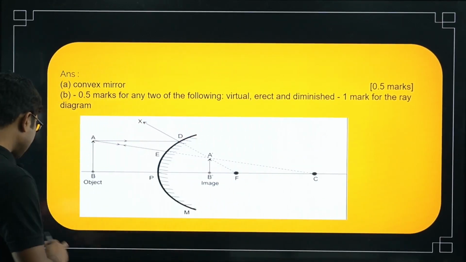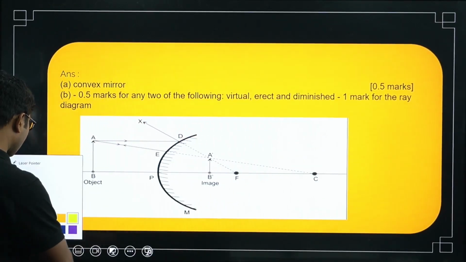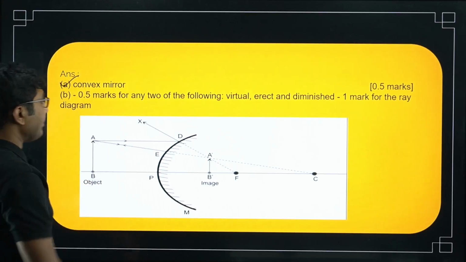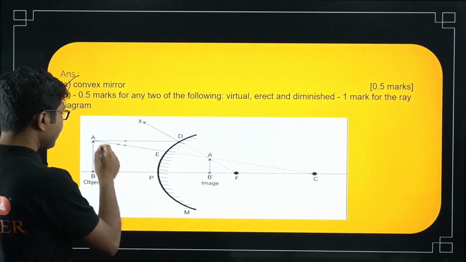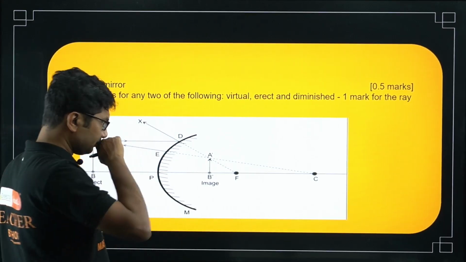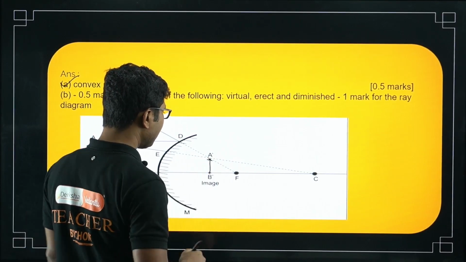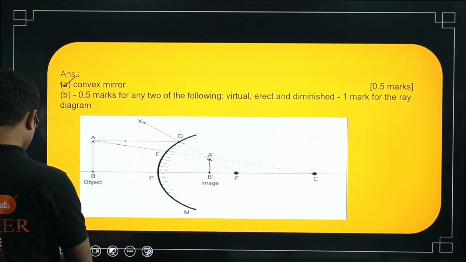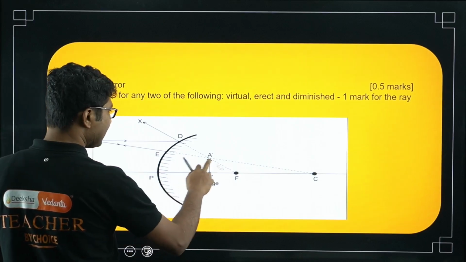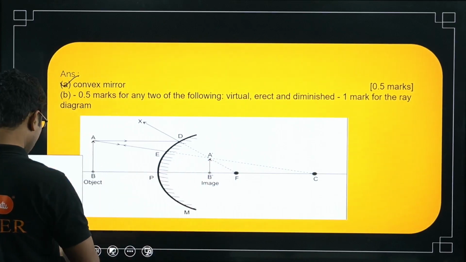So convex mirror is definitely the answer, and convex mirror has only one type of image formation: when you place the object in front of the mirror, it forms a virtual and diminished image. So this is a virtual image. One more thing, while drawing this, be careful about a few things.